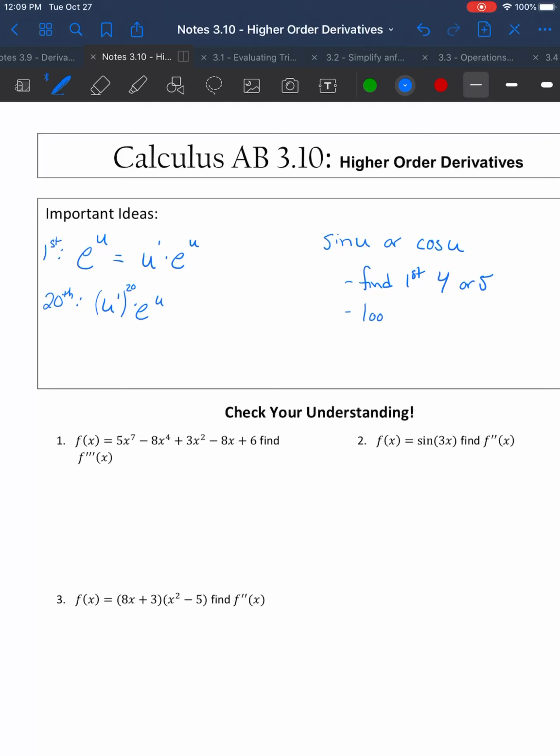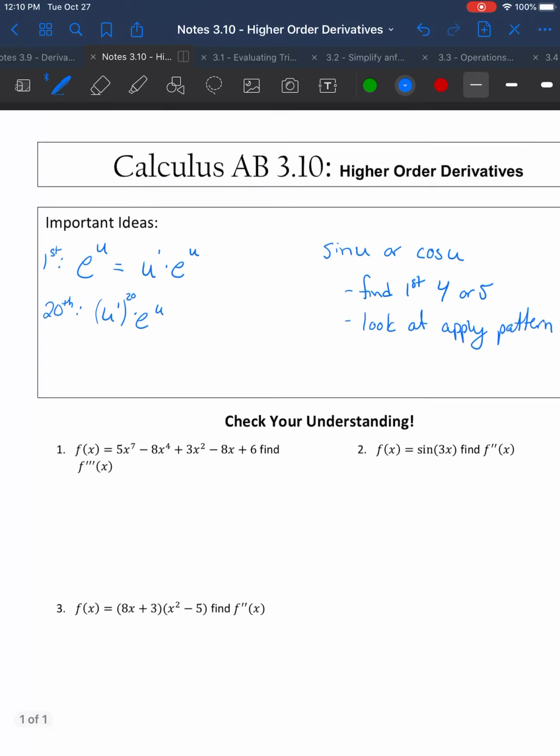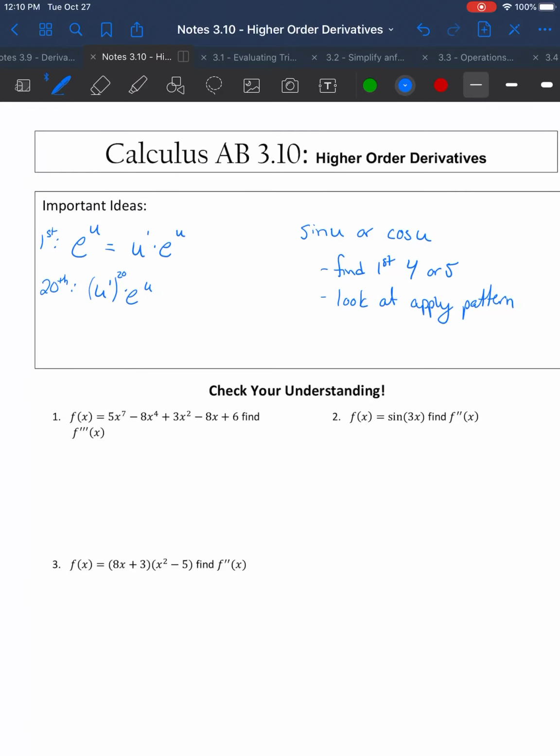And then you're going to look for the pattern. Okay, and I have an example of that here in a minute. Down here at the bottom, I ask you for the 25th derivative of cosine. Okay, so we're going to look for a pattern.